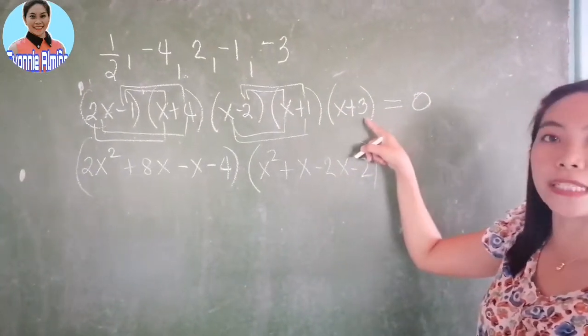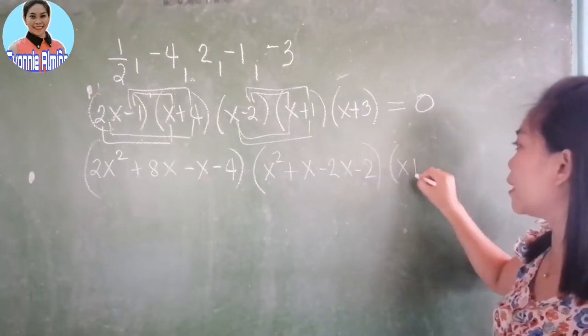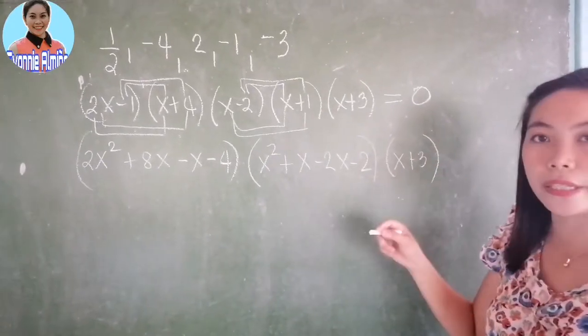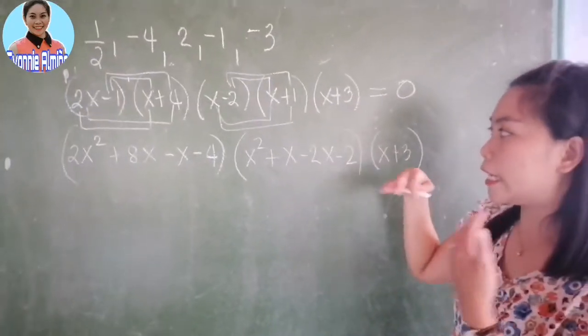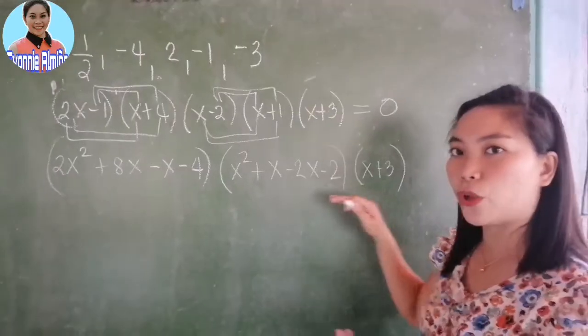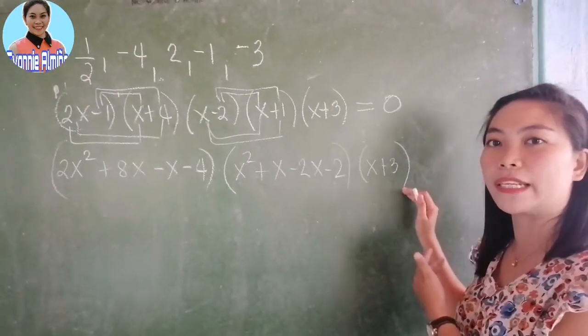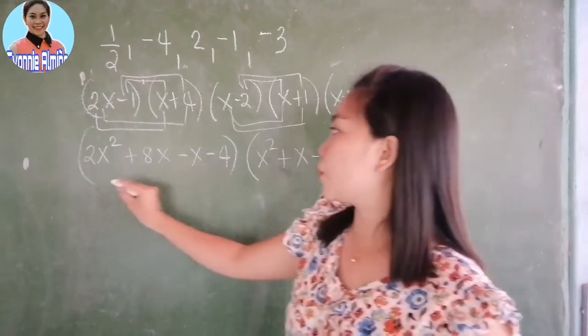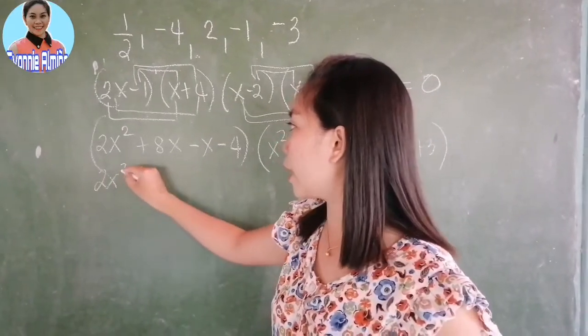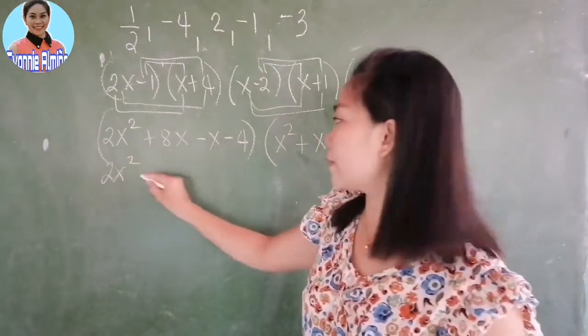Then, we bring down x plus 3 since it has no partner yet. So, we first need to simplify these two, then multiply to the remaining binomial. So, we bring down 2x squared. So, 8 minus 1, you have 7.